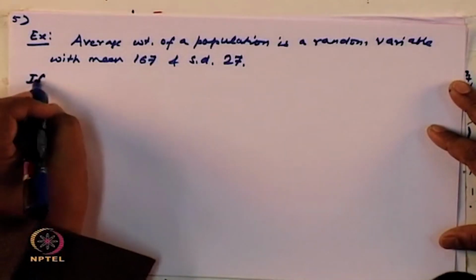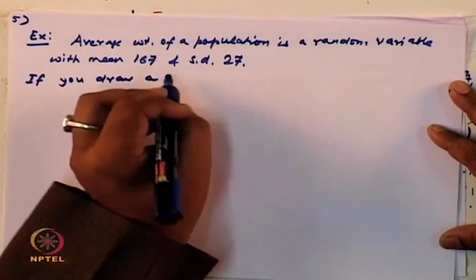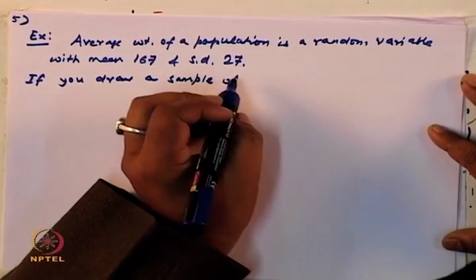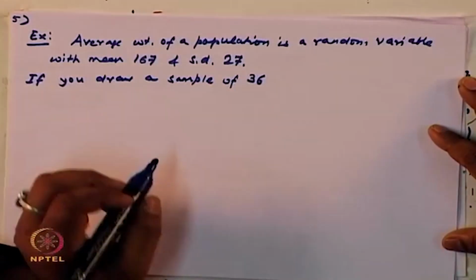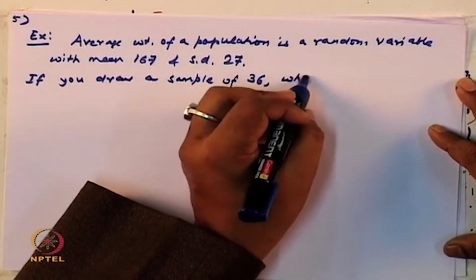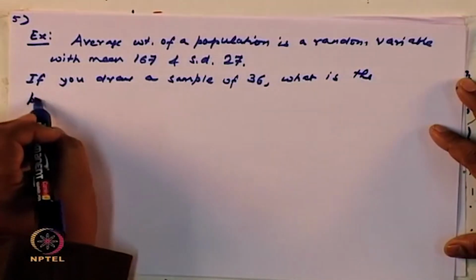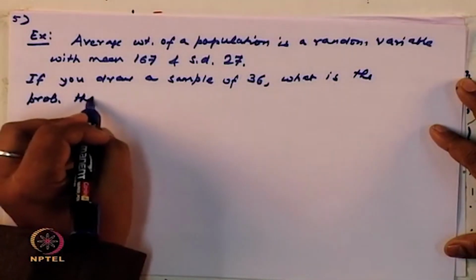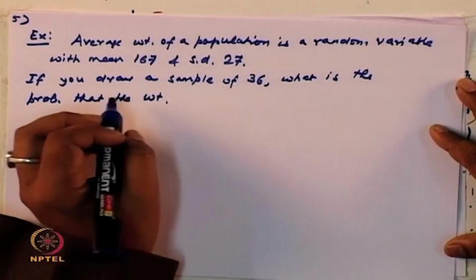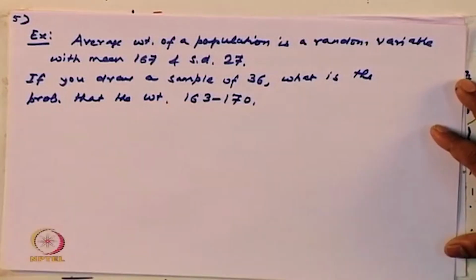So, if you draw a sample of 36, if your sample size is 36, what is the probability that the average weight will lie between 163 and 170?